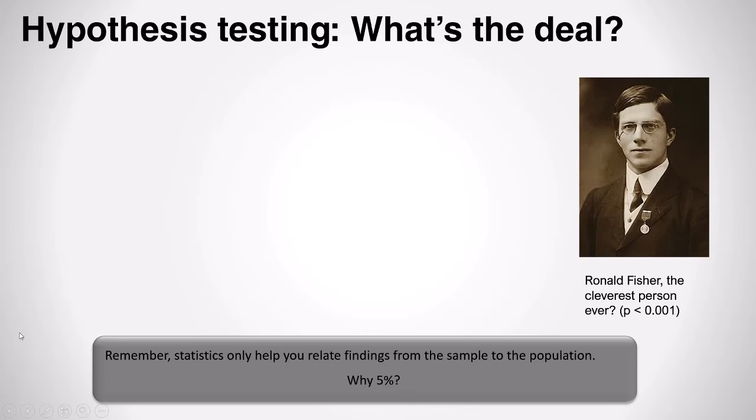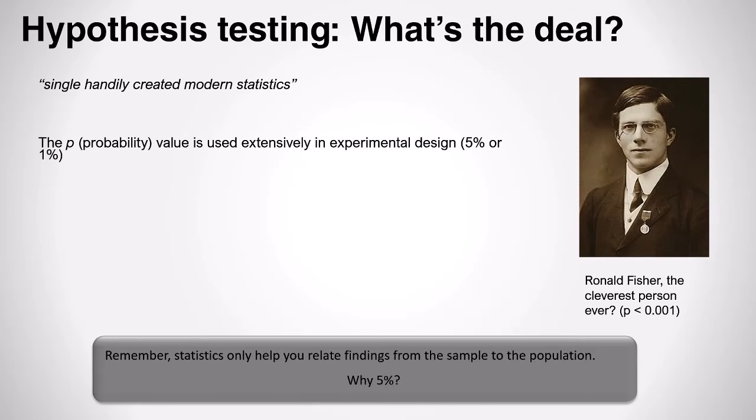So one big name in the world of stats is Ronald Fisher, cleverest person ever. He did come up with the p-value, and is said to have single-handedly created modern statistics. So he came up with the p-value, the probability value, which is used extensively in experiments.